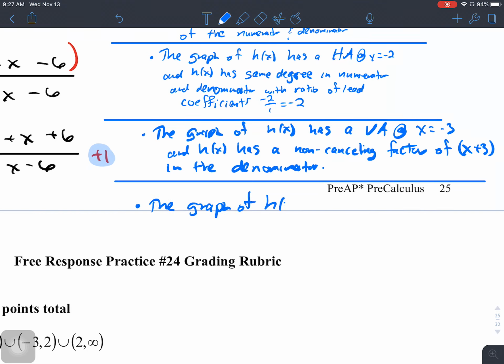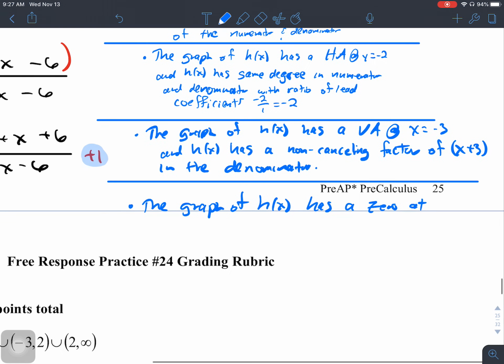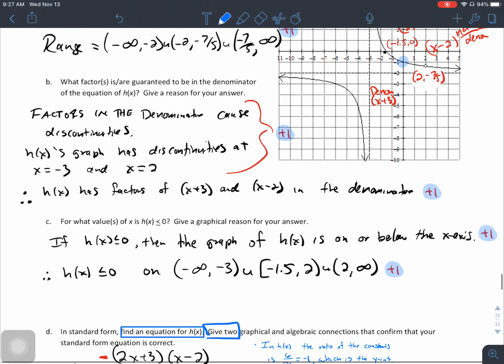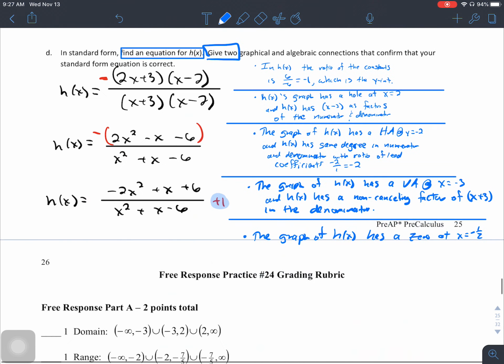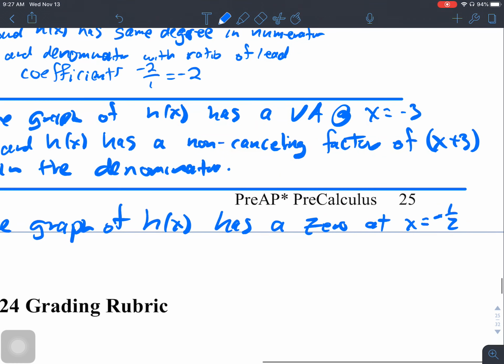of h of x has a 0 at x equals negative 1/2. I think that's right. Looking at my picture. Yes. No. Negative 1.5.